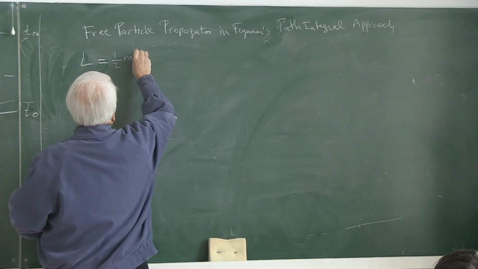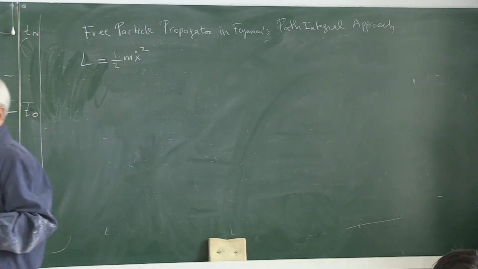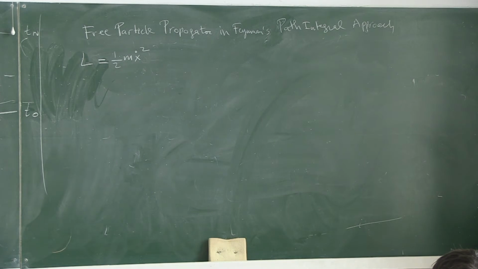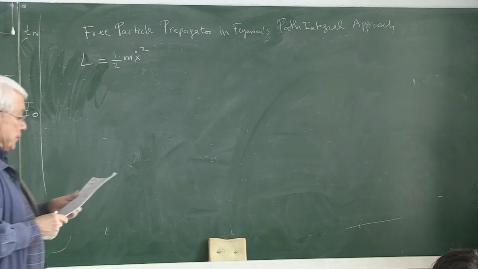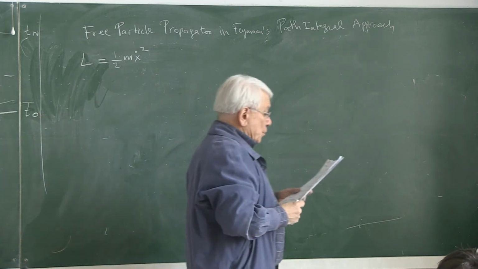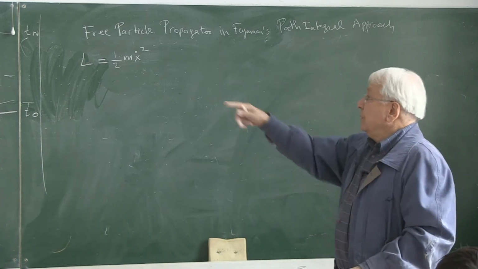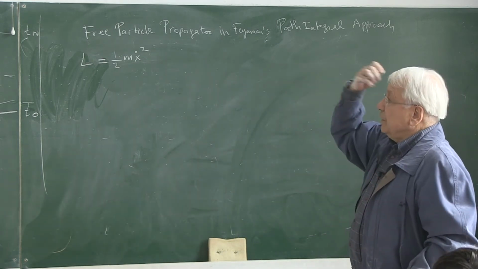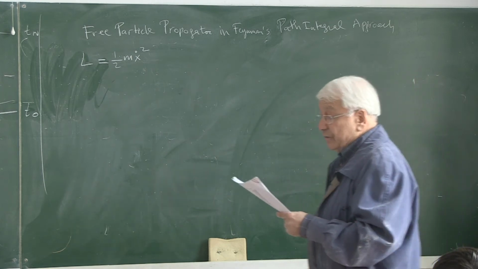So this is the Lagrangian, right? Because Lagrangian is kinetic energy minus the potential energy. Free particle means there is no force, no potential. It is purely the kinetic energy term. So it's going to be this expression which we are going to use in the expression that I have erased, okay?